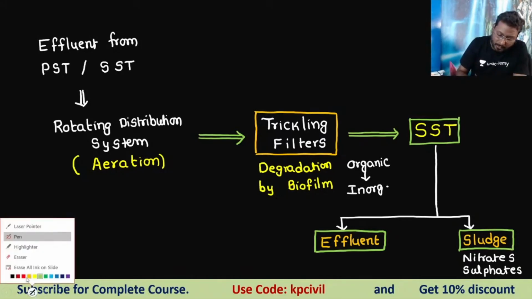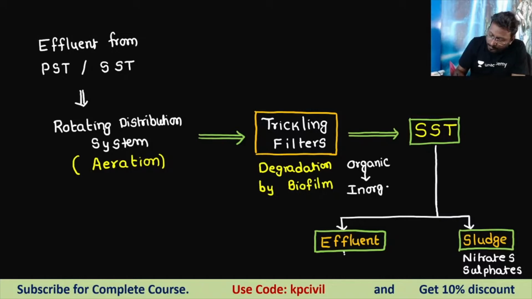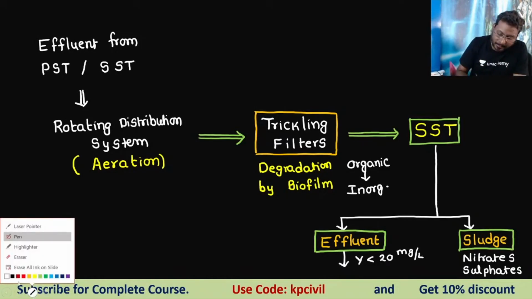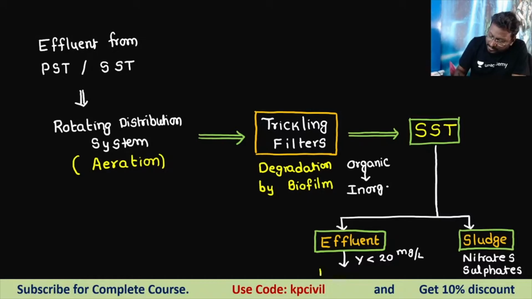Effluent with BOD less than 20. If BOD of effluent is less than 20, you have achieved your target or not? Palani, have you achieved your target or not? If effluent BOD is less than 20, our target is achieved.